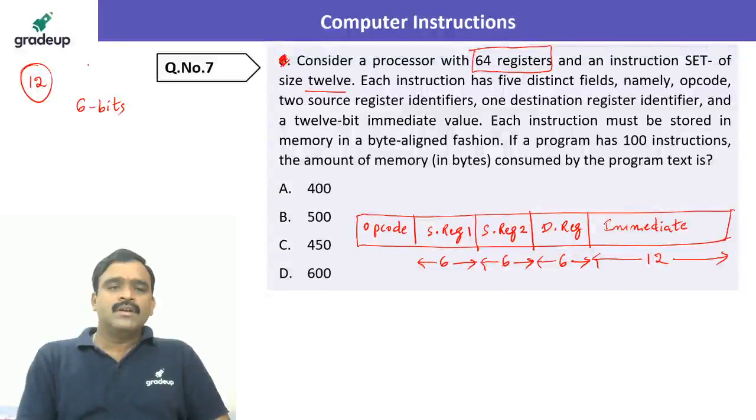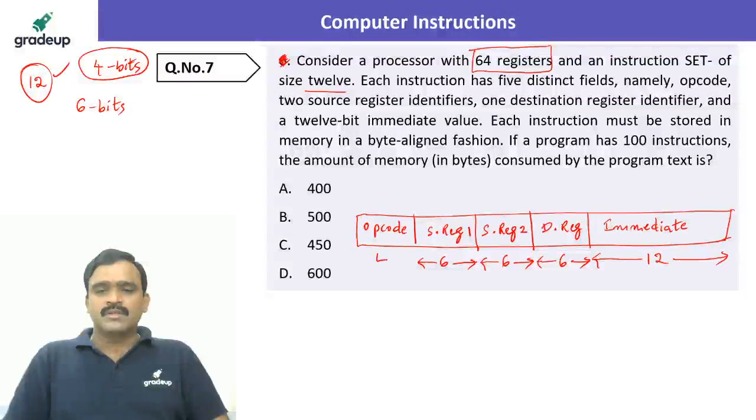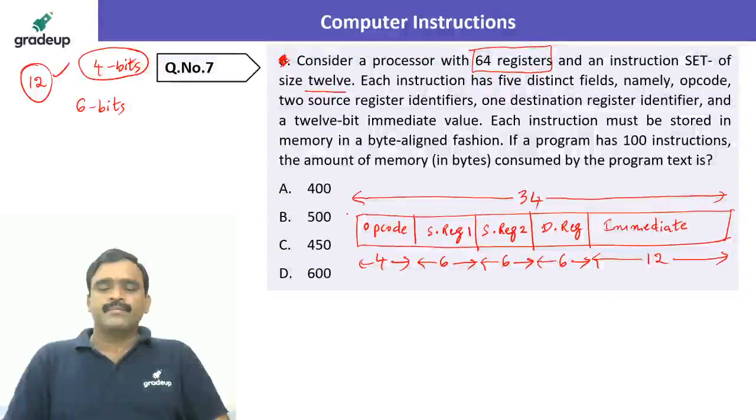And we are having 12 instructions. To identify one instruction we require 4 bits, because if I take 3 bits, only 8 instructions I can show. Definitely 4 bits must be taken. Now we got to know the instruction size, that is 12 plus 18, 30 plus 4, 34. So 34 is the instruction size. Each instruction will occupy 34 bits of memory.